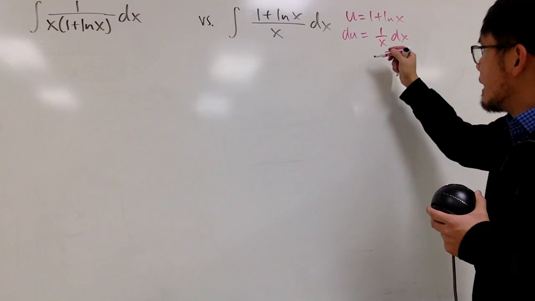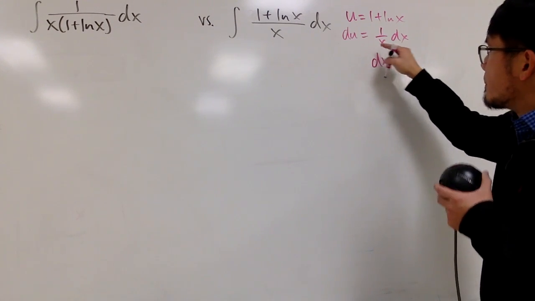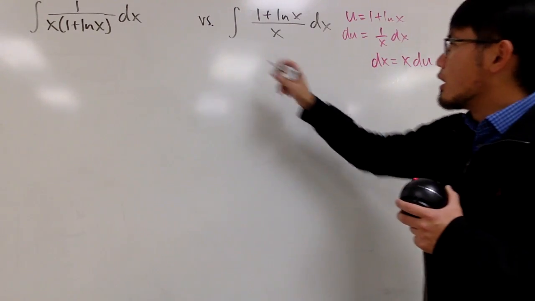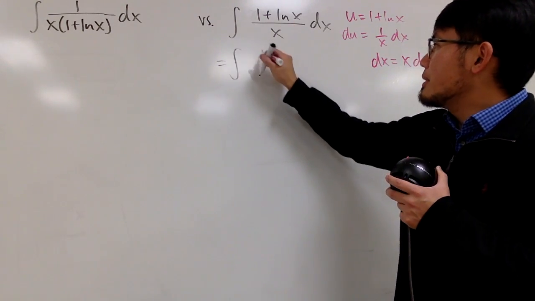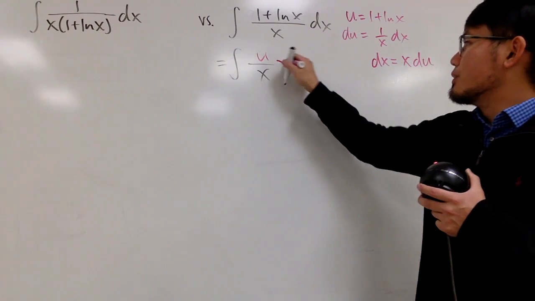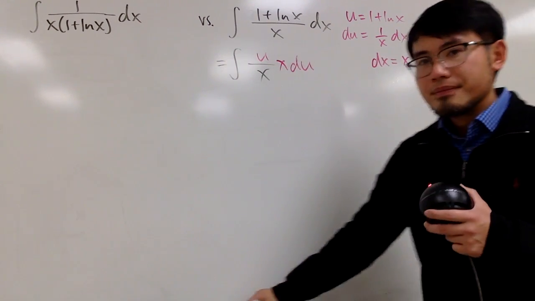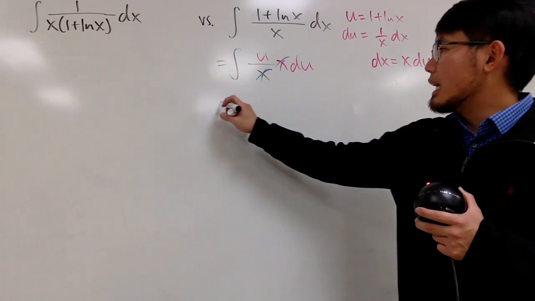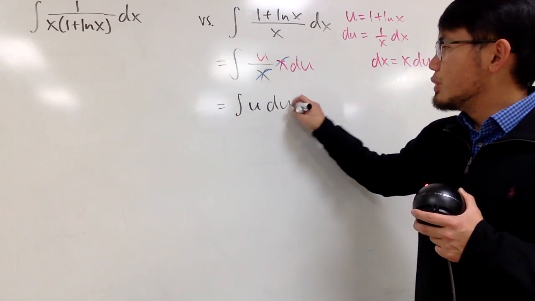Let me multiply the x on both sides. Dx will be x times du. So you can take this to a u world. This is integral. On the top is u. On the bottom is x, and the dx is x du, like this. And then the x cancel each other, of course. And you just have the integral of u du.